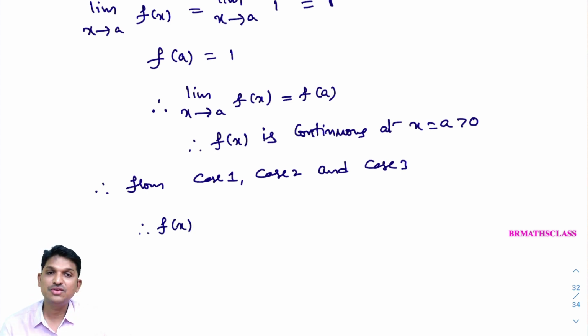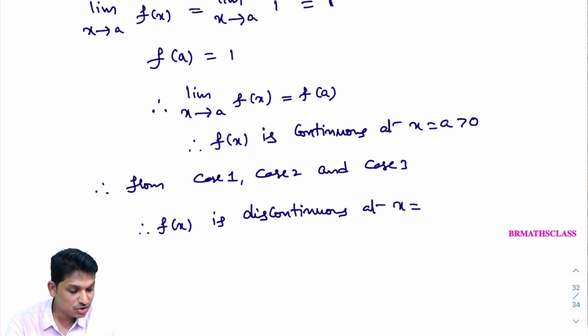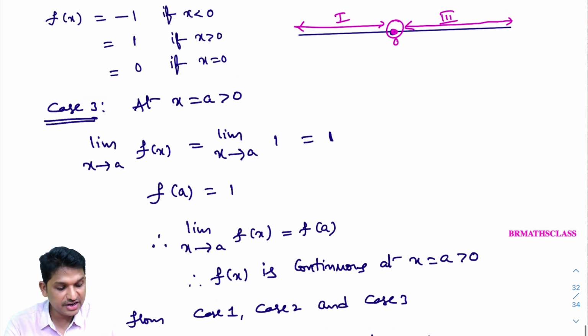What they are asking in the question is to find all points of discontinuity. f of x is discontinuous at x equal to 0. They are asking to find points of discontinuity, and I got that this function is discontinuous at x equal to 0. I hope you understand this.